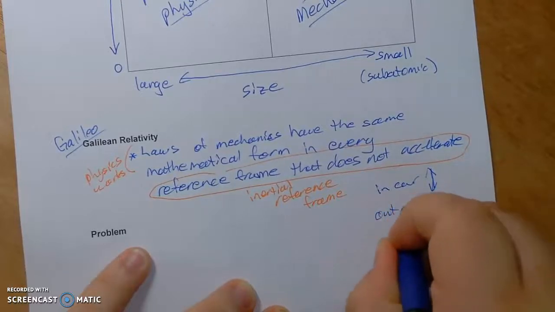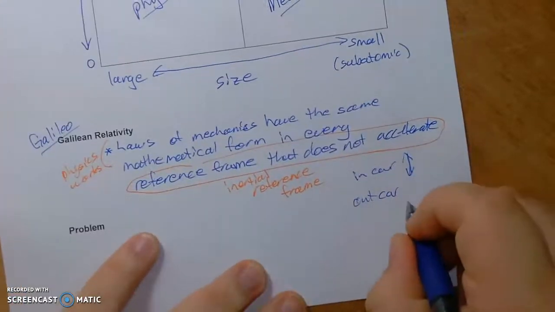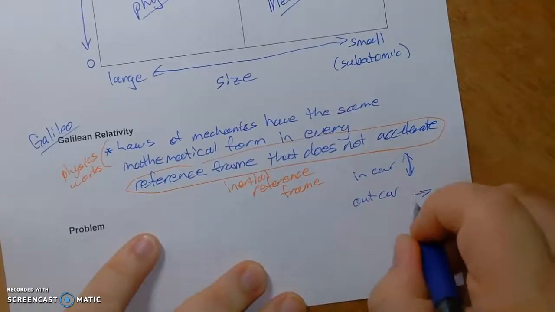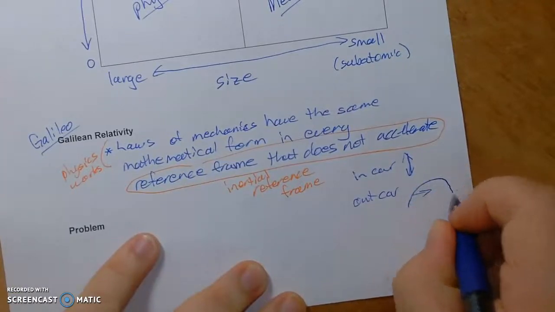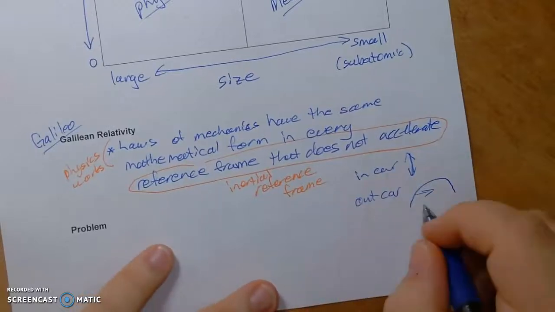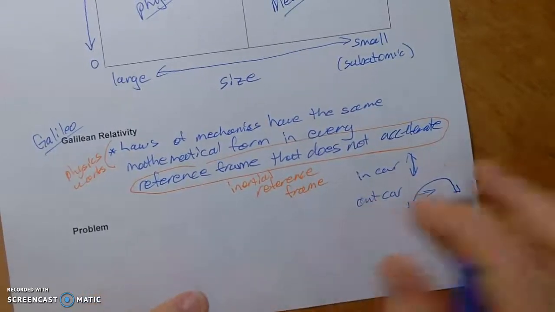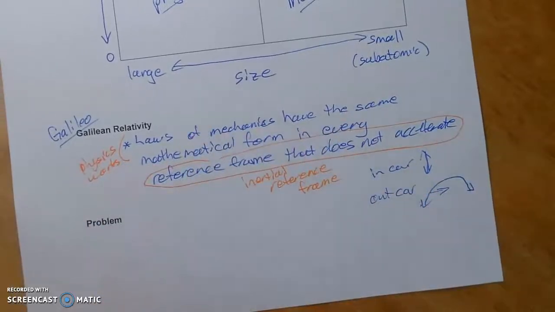Out of the car, we would expect it to go up and down, but the car's moving, so it actually does this. So when we take into consideration the velocity of the car, or the relative velocity of the car, then physics works again.